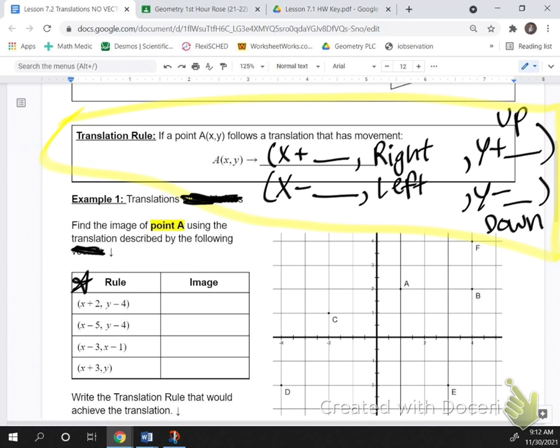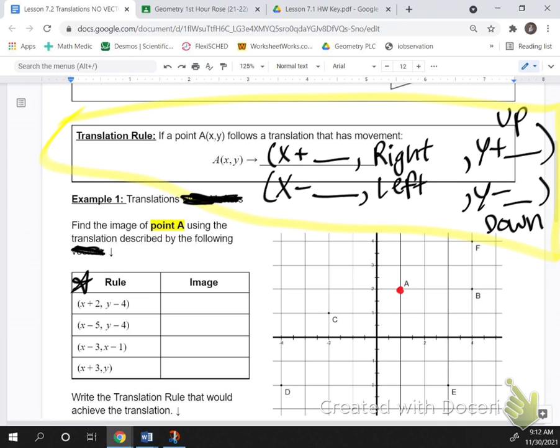Find the image of point A using the following translation rules. So the first rule, it's x plus 2, and it's y minus 4. So everybody first do me a favor and find A on your graph, because we're moving A in all of these. Everybody find A on your graph.